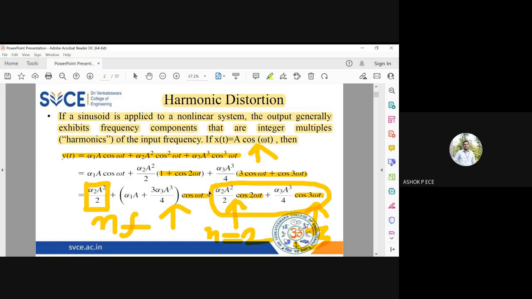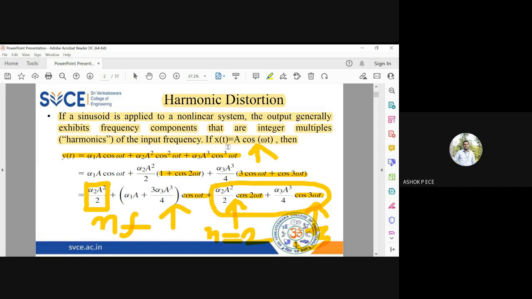Just because they are present in the equation, what problems are they going to cause? They are going to share the signal power, which is meant only for cos omega t. It is just like a rich father having only one son: the entire property will go to that son. But if the father has 4 or 5 sons, it has to be divided among all 5 sons. So the net property going to each son is less, right?